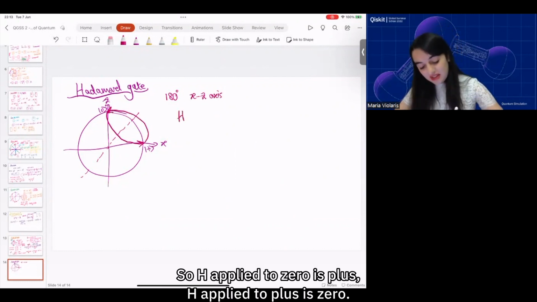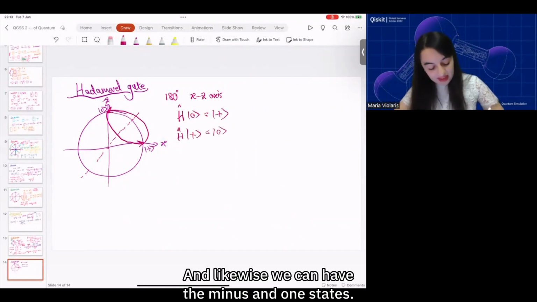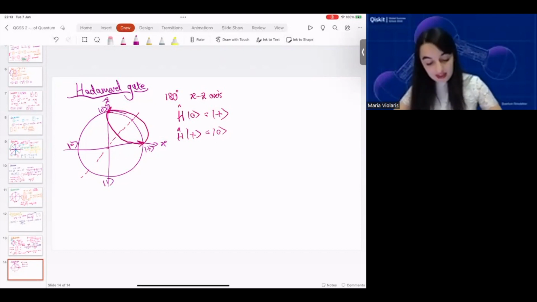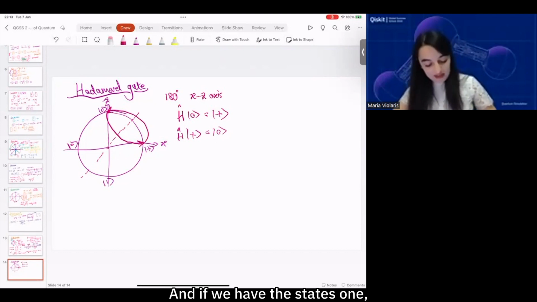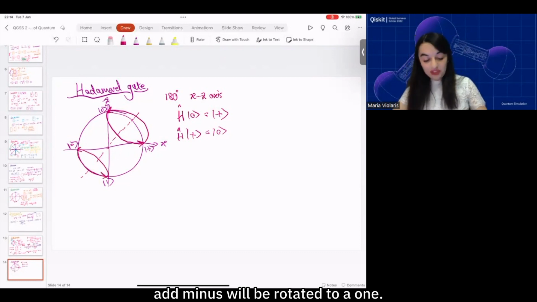So H applied to 0 is plus, H applied to plus is 0, and likewise we have the minus and 1 states. If we have the state 1, then it will be rotated to a minus, and minus will be rotated to a 1.